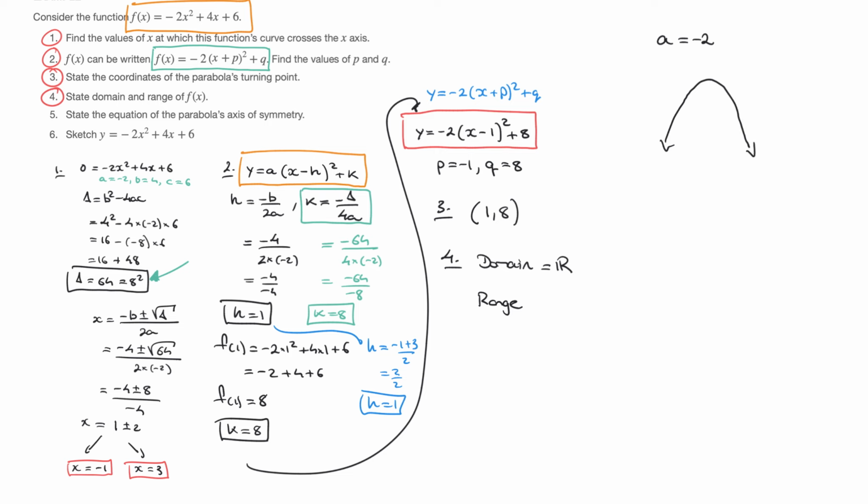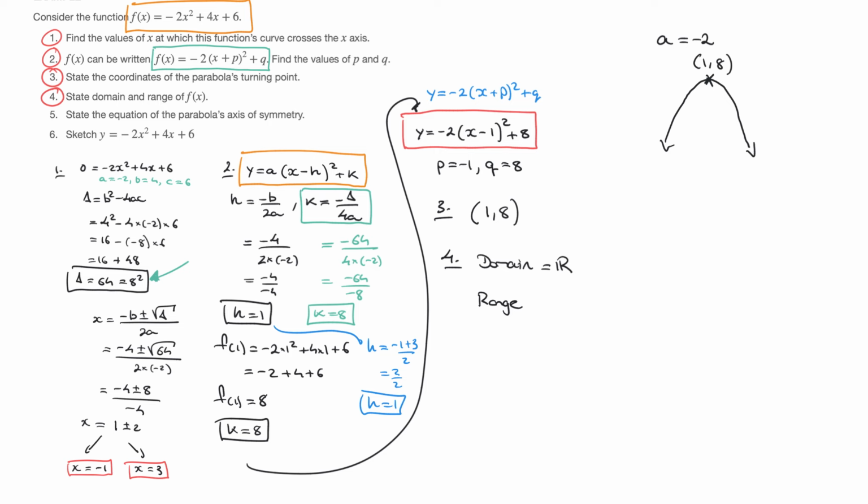It therefore has a maximum point. So the turning point we have with coordinates 1, 8 is a maximum. The range will therefore consist of all the values less than or equal to 8. Remember, for the range, you're looking at the y-coordinates. Since the maximum y-coordinate on this parabola is 8, the range will be everything less than that.